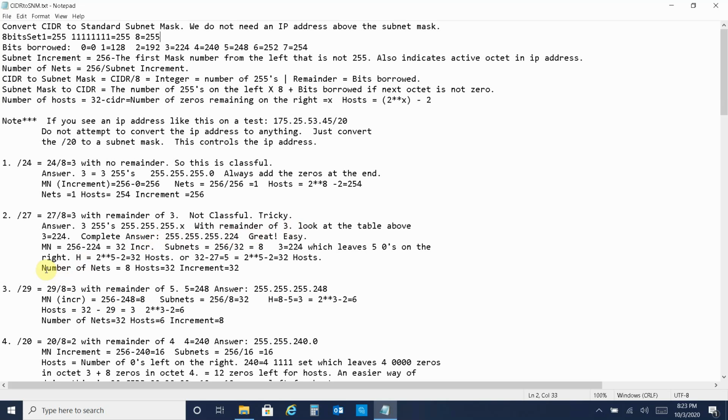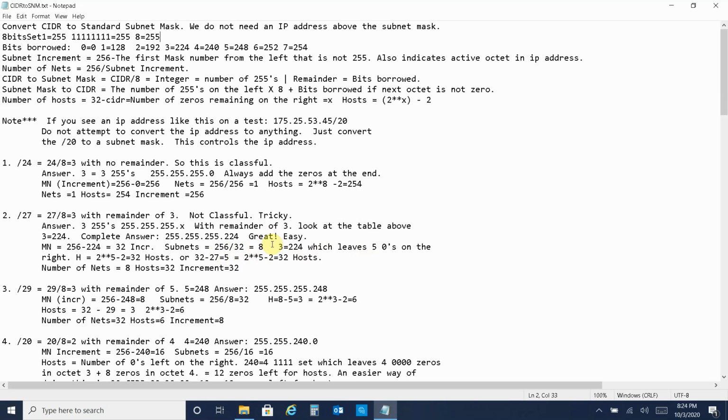So we got that. So now we do our 256 minus the 224, which is what this is saying right here. 256 minus 224 equals 32. That's going to be our increment. Now the number of subnets, which is pretty amazing, we just simply take the 256 divided by 32, that is 8.